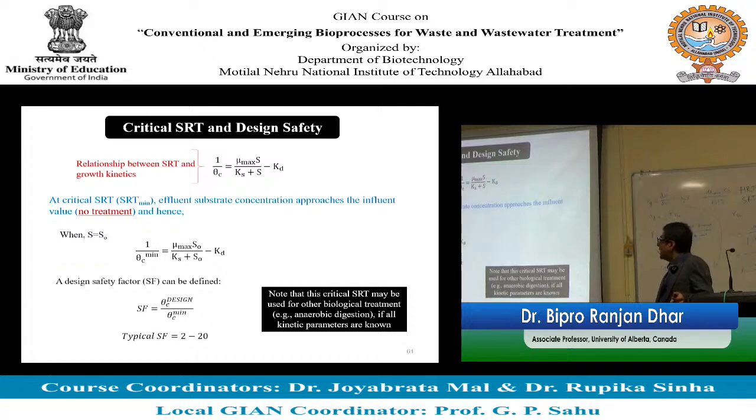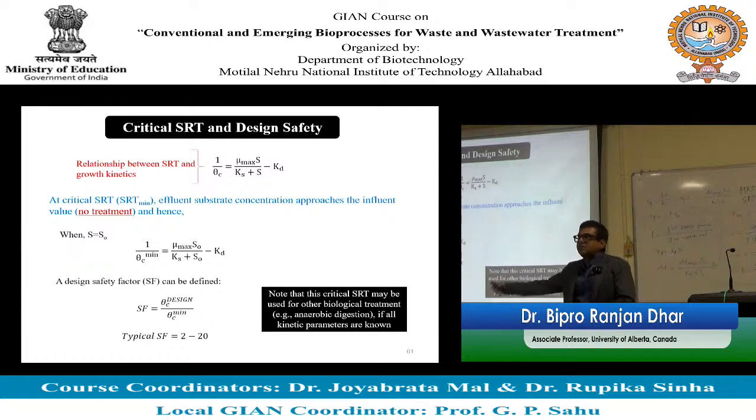Even if you know the kinetic parameters for the anaerobic digestion process, you can use the same equation to estimate the minimum SRT that you need in the system. So design sludge residence time should be more than what we have calculated. Maybe the minimum SRT could be 1 day, but you are not going to maintain 1 day. Maybe you are going to maintain 3 or 4 days, or maybe more than that.